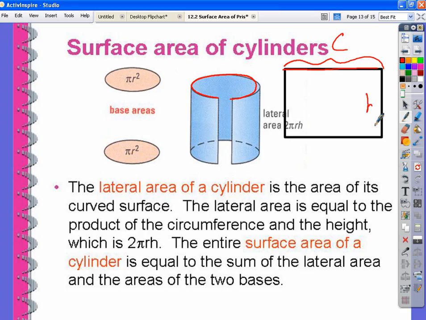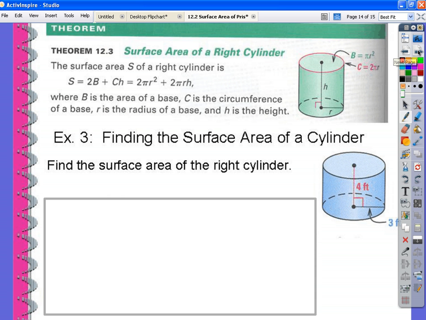Okay, so if we want to write this as a formula, we can just do that. The surface area of a right cylinder is just 2 times the base, which is pi r squared, so 2 pi r squared, plus the circumference times the height, which is just 2 pi r times h. That's it. Okay? So we get a nice convenient formula that always works.